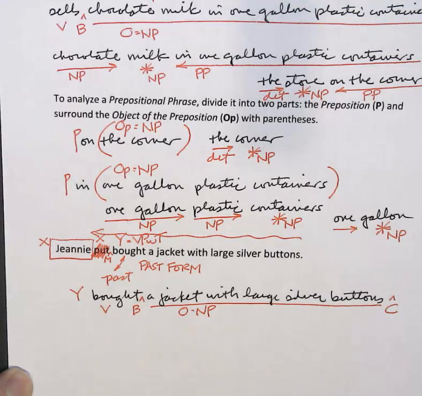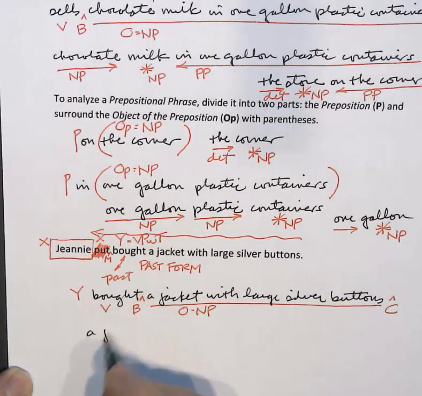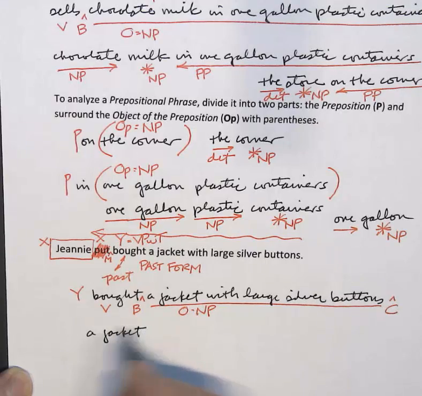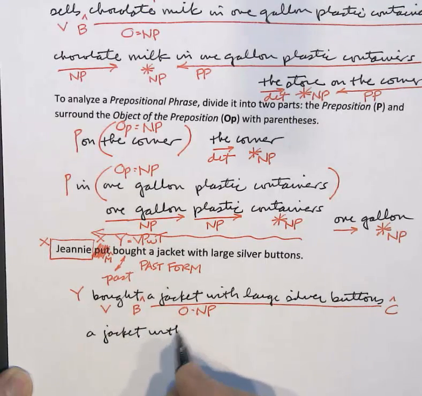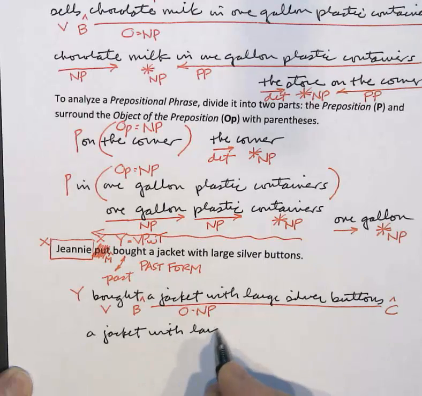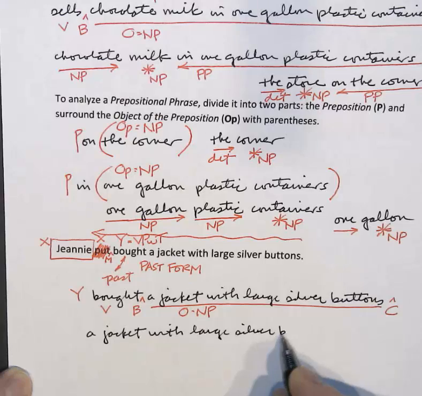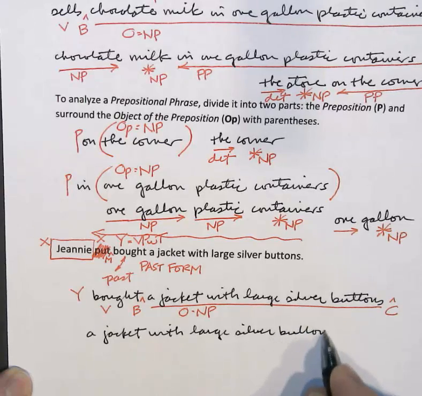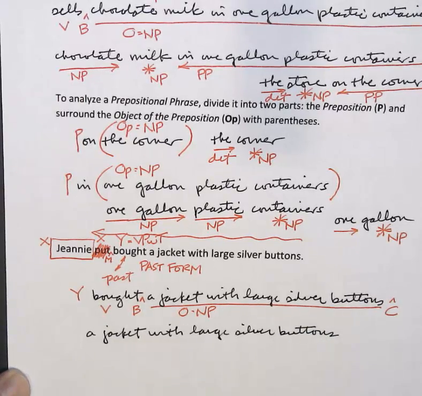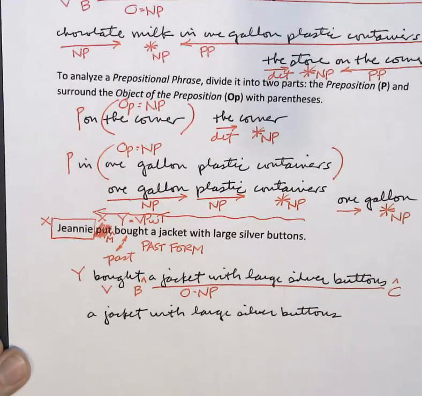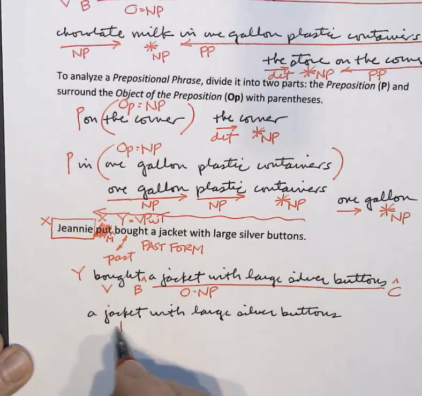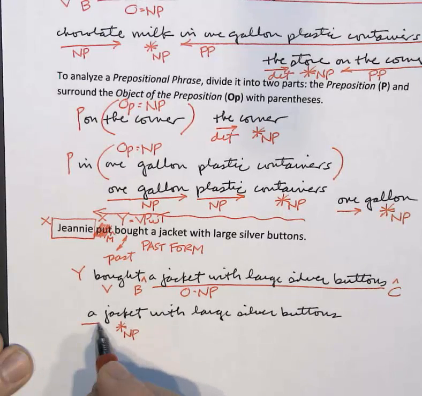Now let's take our noun phrase. A jacket with large silver buttons, and jacket is the head. It's a noun phrase. A is a modifier. It's a determiner.